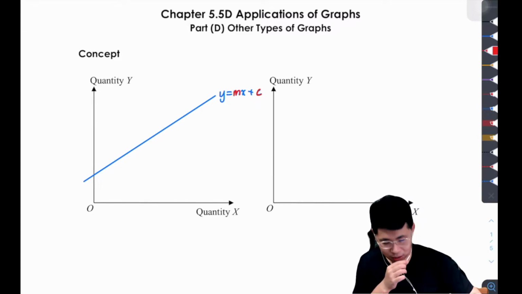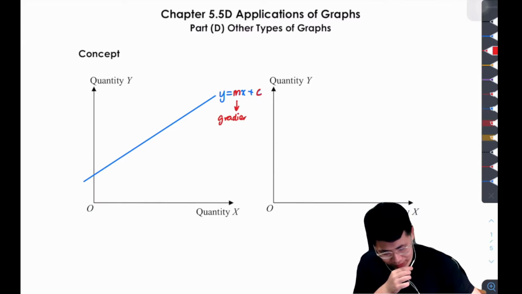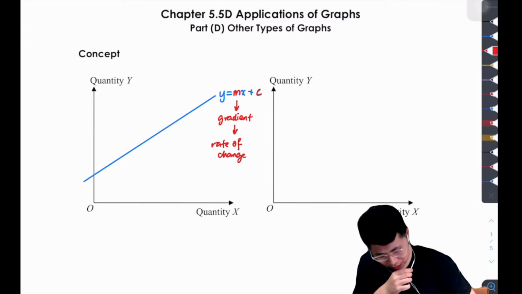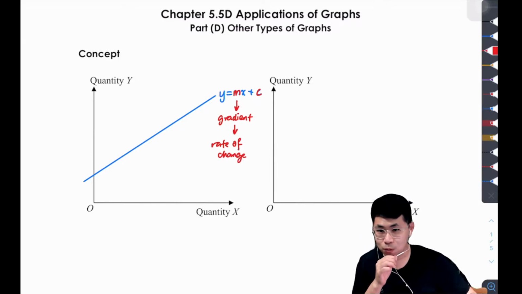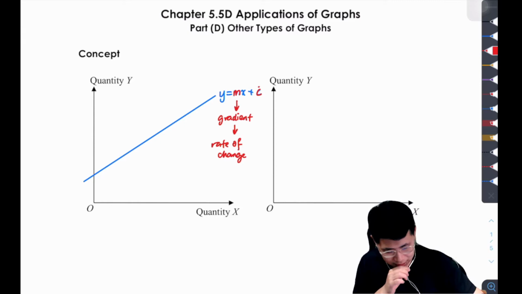What does the m represent? M represents the gradient, and the gradient represents your rate of change, to see whether something changes fast or slow. And the c over here is going to be your y-intercept.